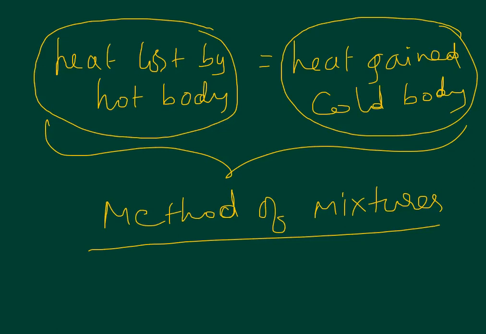Now we'll take two substances as usual, the same as I took previously. This is A and B, where this body has temperature T1 and this body has temperature T2. I will take the same condition here, T1 is greater than T2.